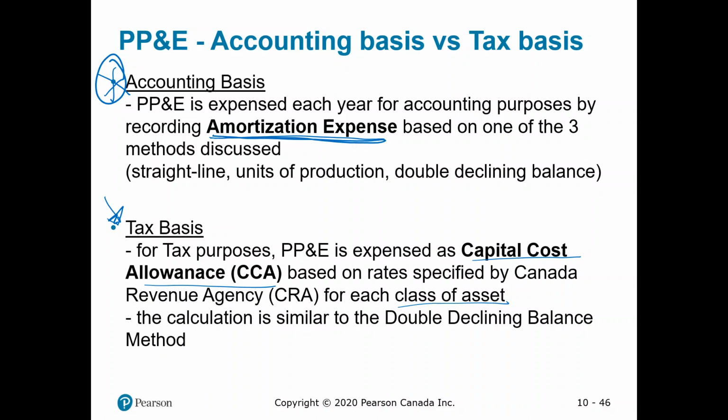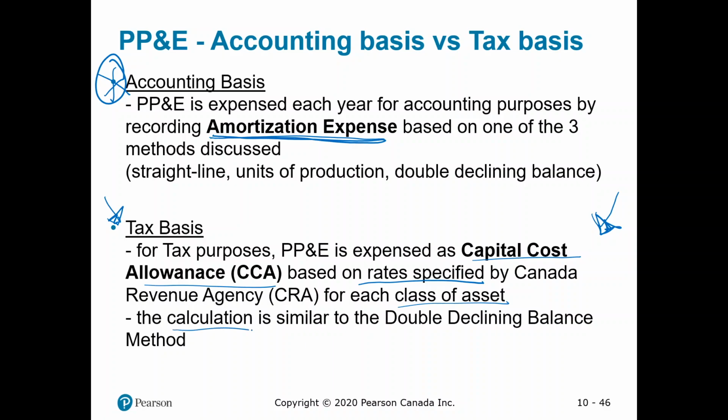So regardless of how you do your amortization for accounting, when you have a vehicle for tax, it's that class 10 at 30%. Equipment falls under class 8, which CRA has set at 20%. So you would just use the rates that are set and specified by CRA.